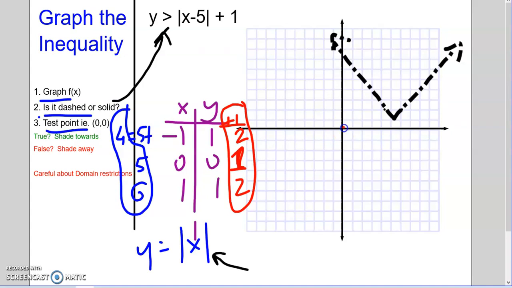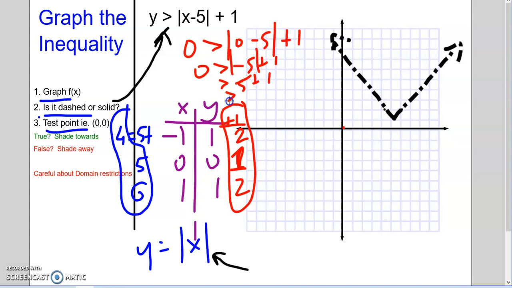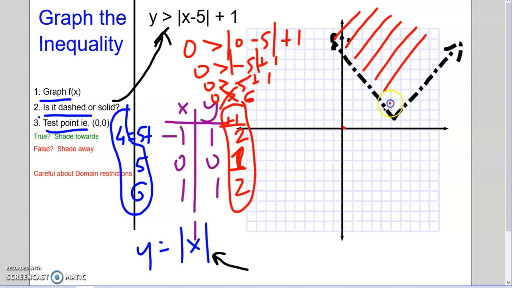So I'm going to use 0, 0. If I plug in 0 here, I get 0 is greater than the absolute value of 0 minus 5, plus 1, and that becomes positive 5 plus 1. It says 0 is greater than 6, which is not true, it's false. So I'm not going to shade any region that includes 0, 0. So my shading then is everything in there.